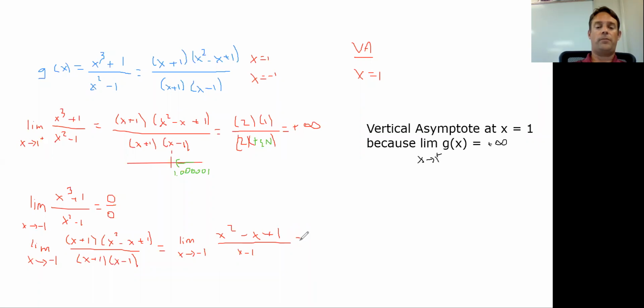All righty. We have -1 squared minus -1 plus 1... 1 plus 1 plus 1 all over -1 minus 1, sorry about that. And we end up with a -3/2. So it turns out that limit actually does exist, which is why it is not a vertical asymptote.